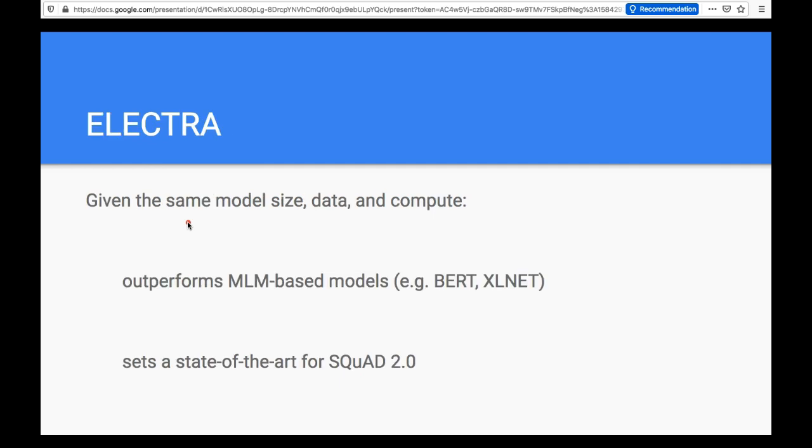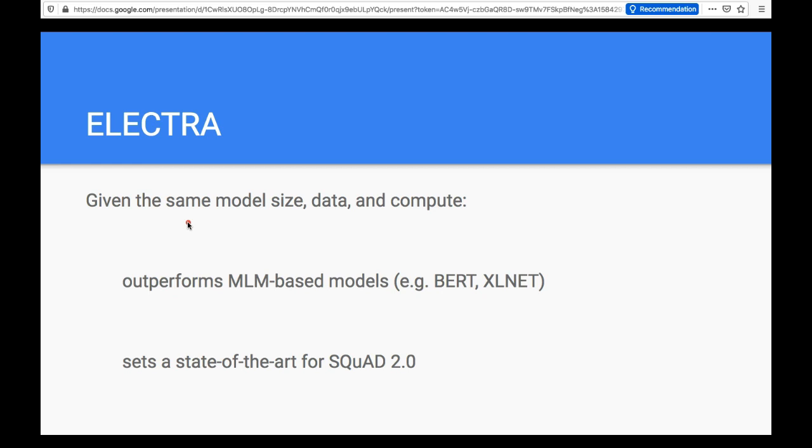ELECTRA is the acronym of this model, and if you give the same model size, the same data size, and the same compute resources, it will outperform the state-of-the-art masked language model based models.